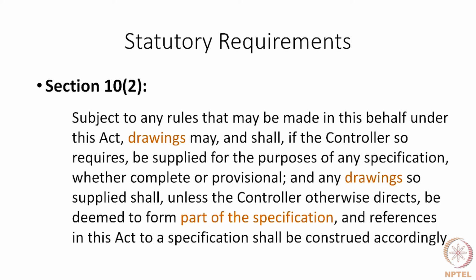Now, what do we understand when something is referred to as a part of a specification? It simply means that that part is integral and that part could be used to interpret and construe the claims. So if something is a part of a specification, it's a part of Form 2. The specification is filed using Form 2.